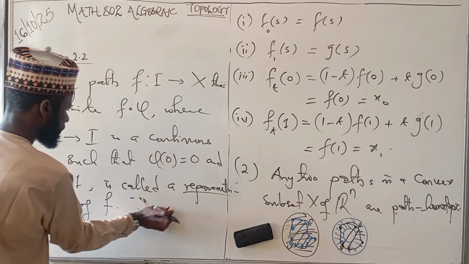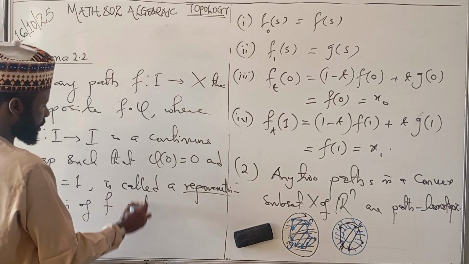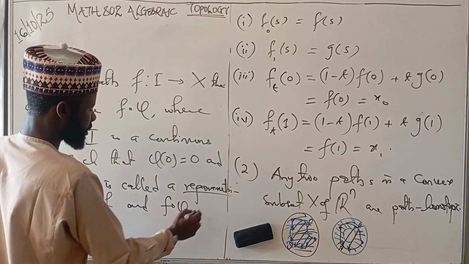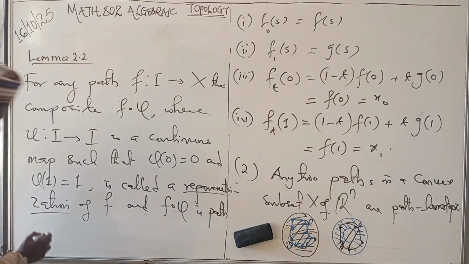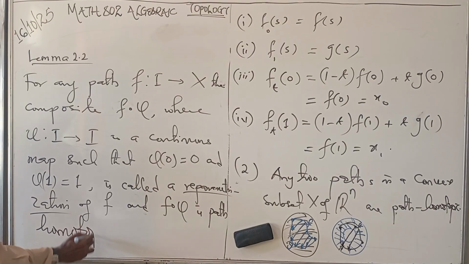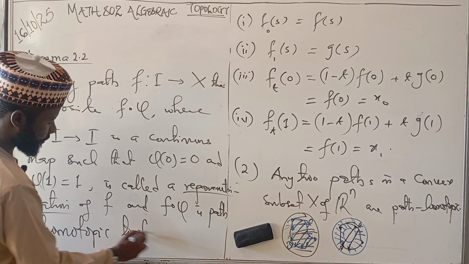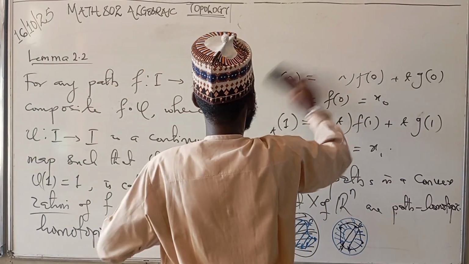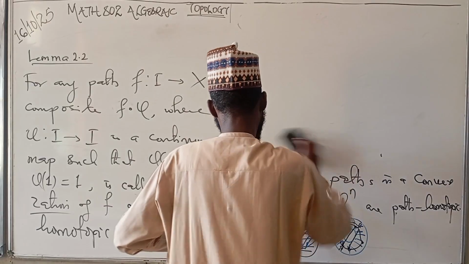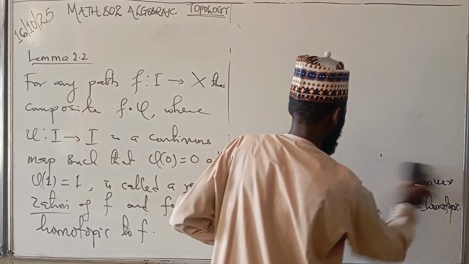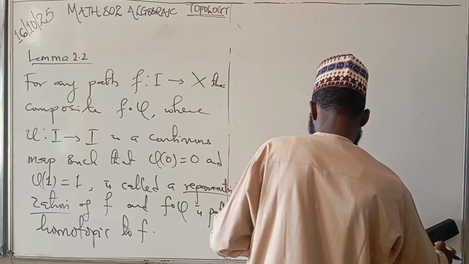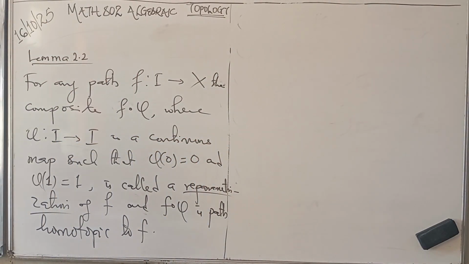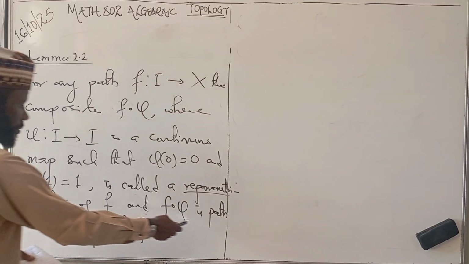It is true that f composed with phi is path homotopic to f. So we can prove it. So we can always do that.